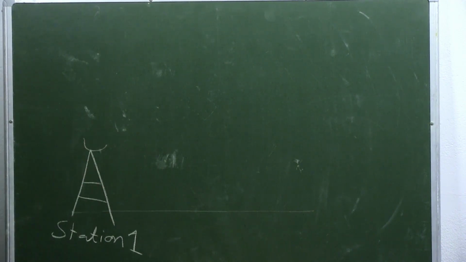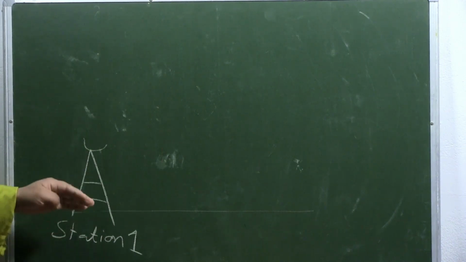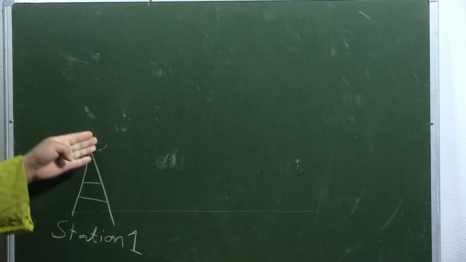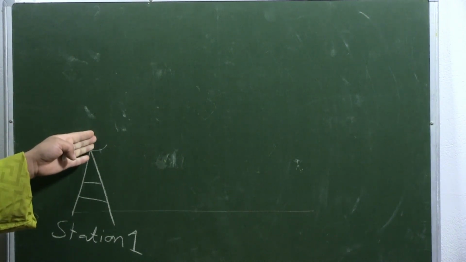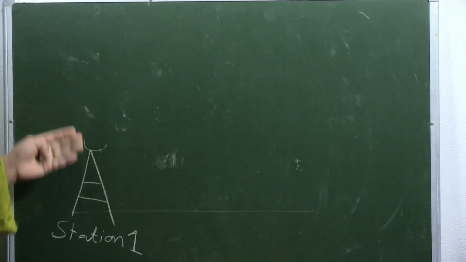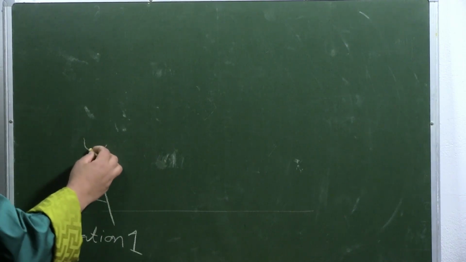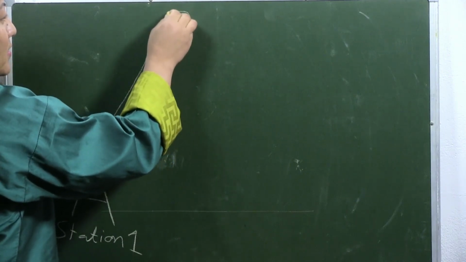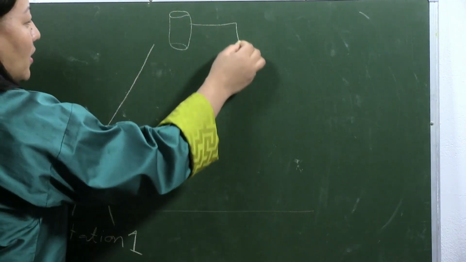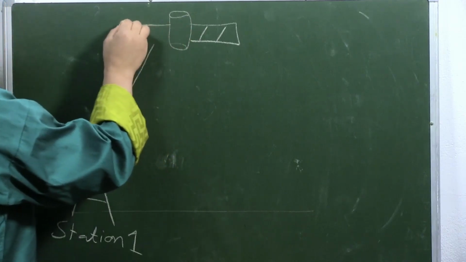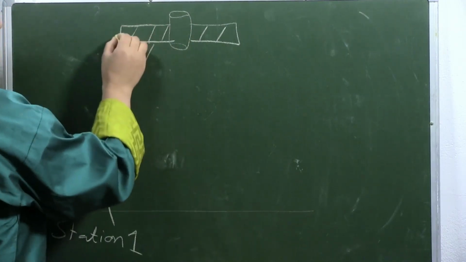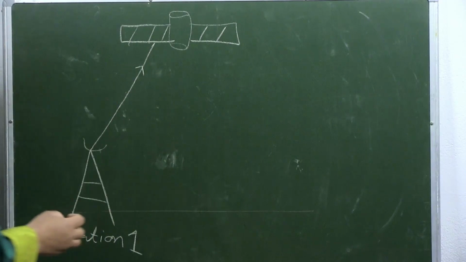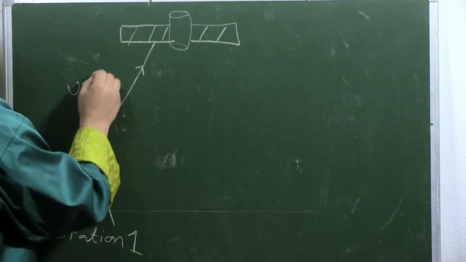The antenna of Station 1 will collect all the information from the respective studios or other stations, and this antenna will convert the information to signal. This signal in the form of electromagnetic wave is fed into the satellite through the upward channel known as the uplink.